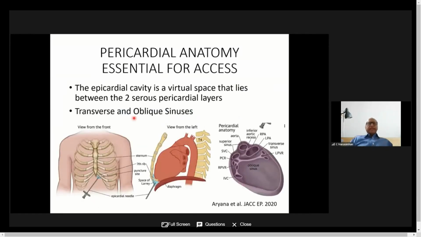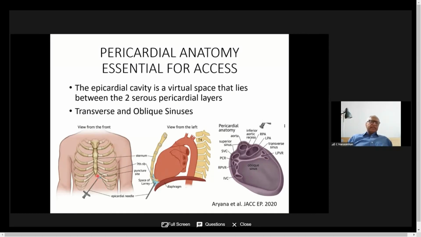Now, like everything else, understanding the anatomy is essential for safe access to the epicardial cavity. As you know, the epicardial cavity is a virtual space that lies between two serous pericardial layers. There is the transverse sinus between the aorta and the pulmonary artery, and the oblique sinus in the posterior portion of the atrium.